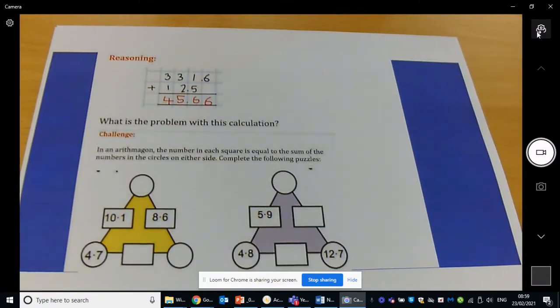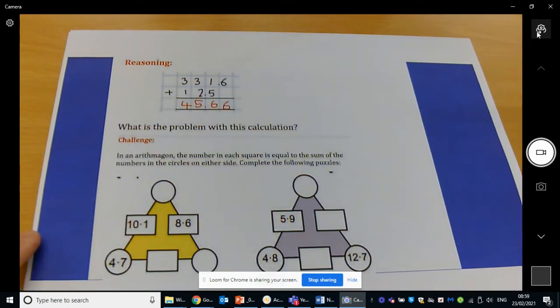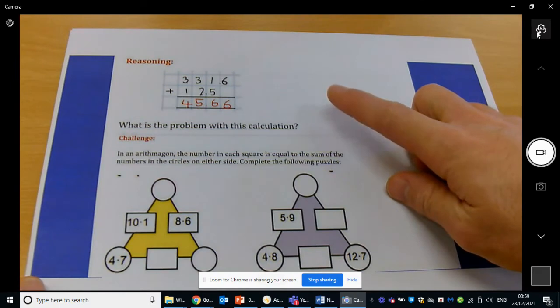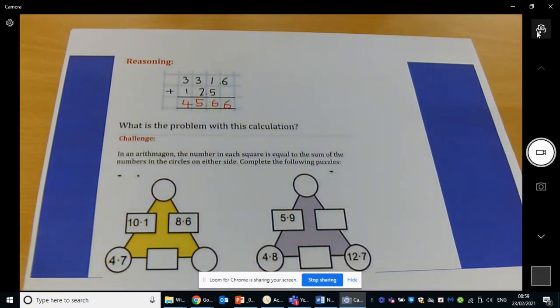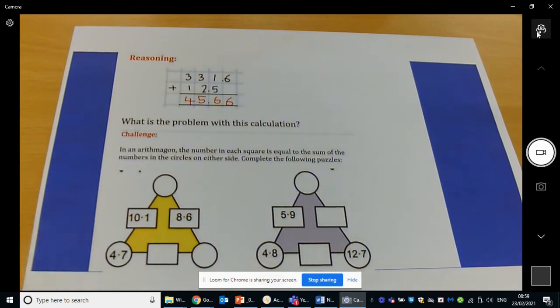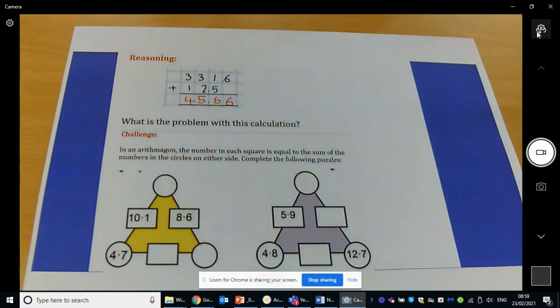Okay, now on to your reasoning. Those that would like to push yourself, your challenge is there as well. So, firstly, what is the problem with this calculation? And secondly, and I'll read this to you just in case it's a bit confusing. In an arithmegon, so that's what this sort of shape is, the number in each square is equal to the sum of the circles on either side.